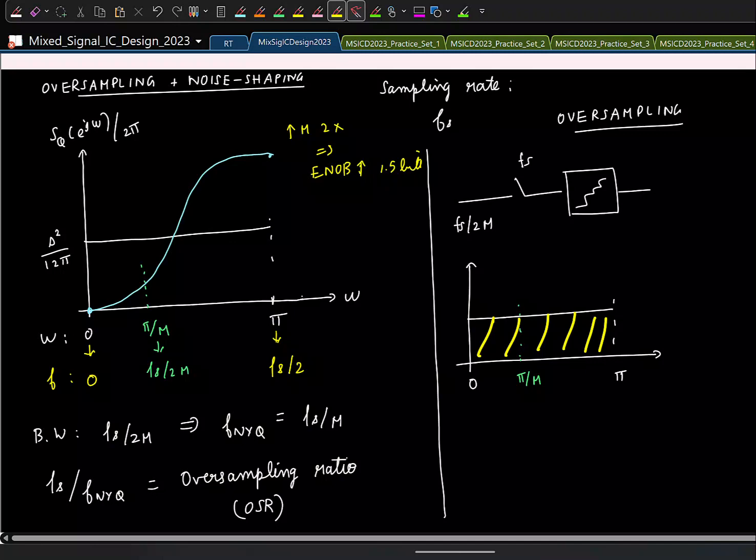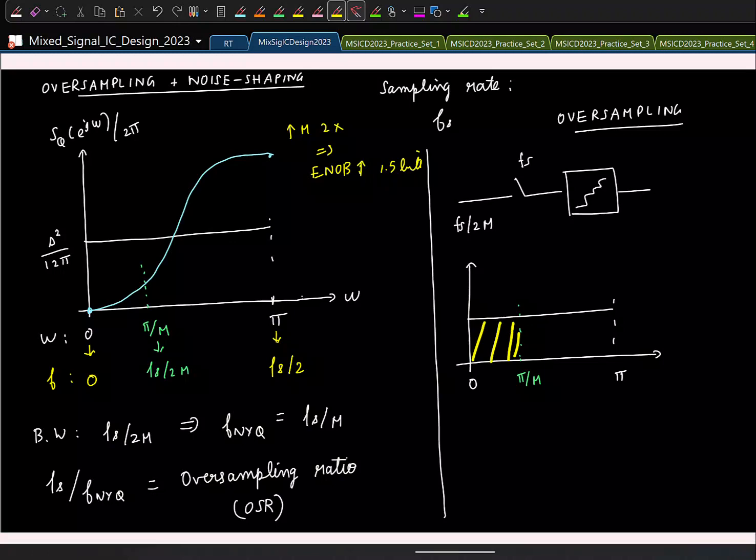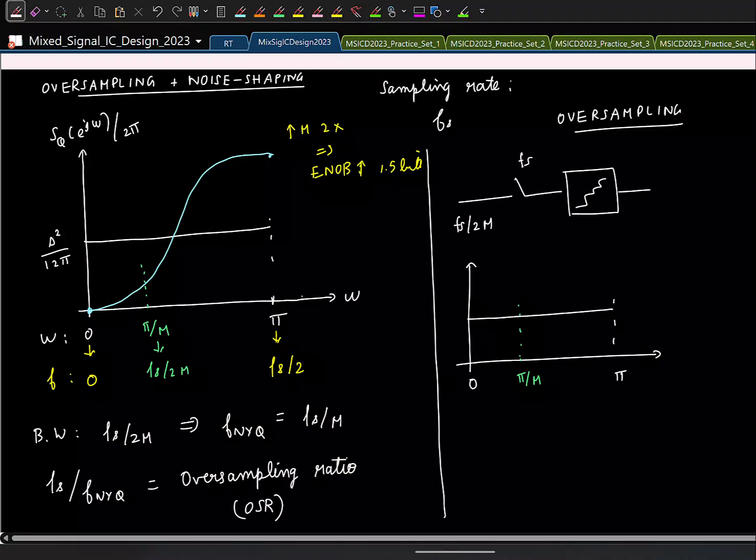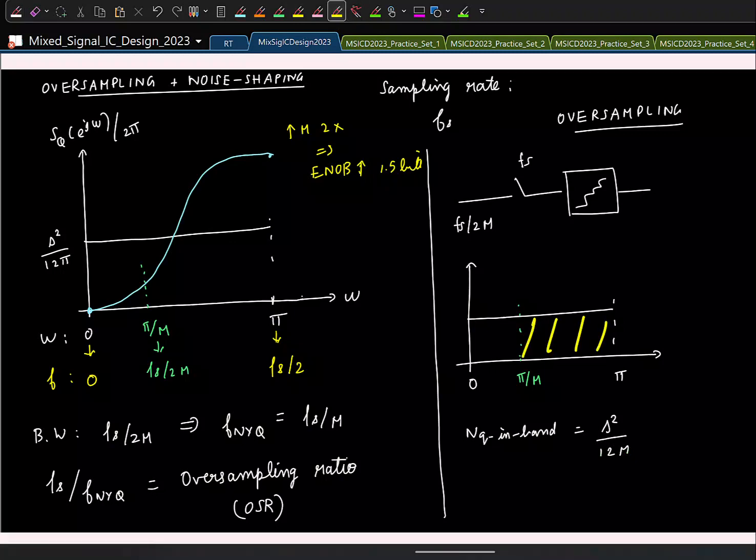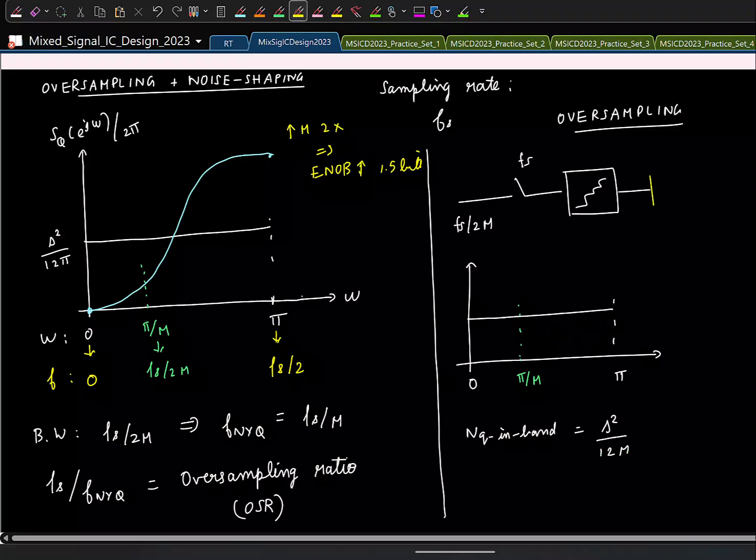Delta square by 12. So what is the quantization noise power in the signal bandwidth alone? I'll say NQ in band is delta square by 12. Here again I have assumed that I am filtering off these parts, so I have to put a digital low pass filter here and then downsample.